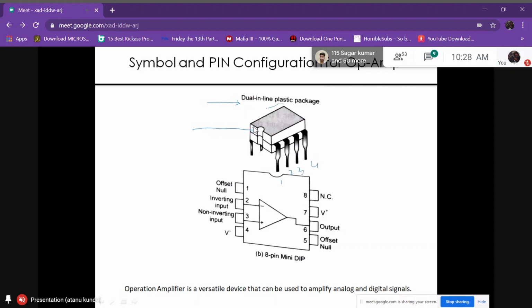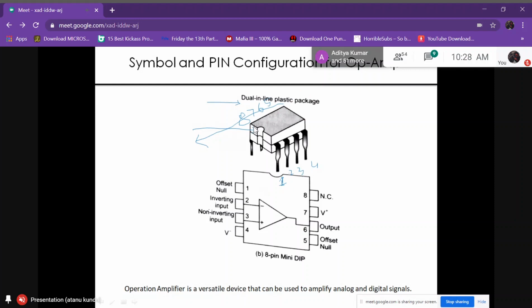Then you have to move from this side to this side: 5, then 6, then 7, then 8. Clear? So this point is called the notch of the IC, and you should start the pin configuration from here for any IC. This is the convention, and this is true for all ICs. Pin number 1, then 2, 3, 4, 5, 6, 7, 8.